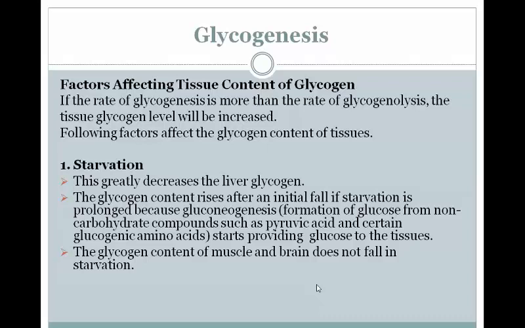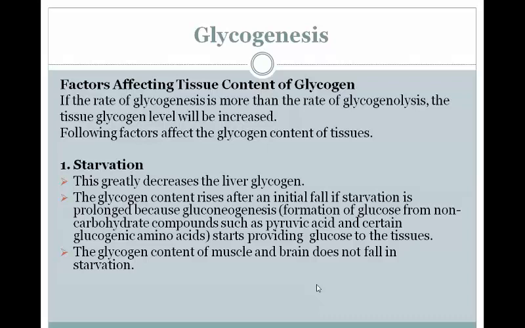This is because other routes of formation of glucose are activated, like formation of glucose from non-carbohydrate compounds such as pyruvic acid and certain glucogenic amino acids. They start providing glucose to the tissues. That is why the glycogen content again rises after the initial fall.